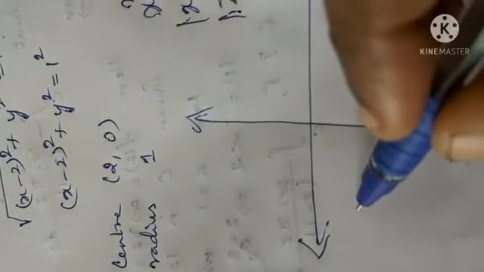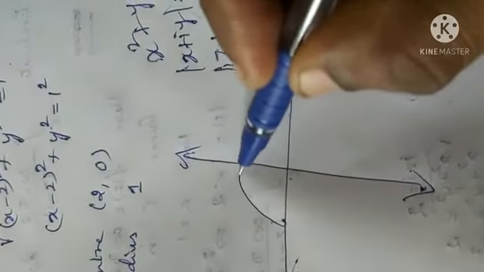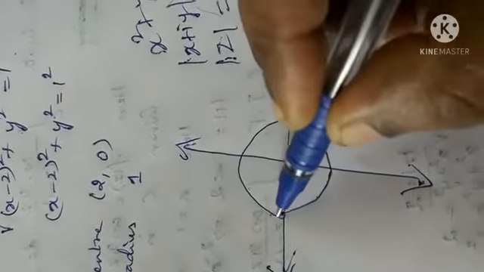See, mod z equal to 1 means x plus iy has modulus 1, which is root of x square plus y square equal to 1, or x square plus y square equal to 1 square. It is a circle with center 0, 0 and radius 1.